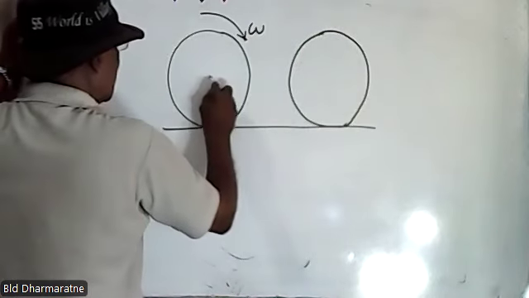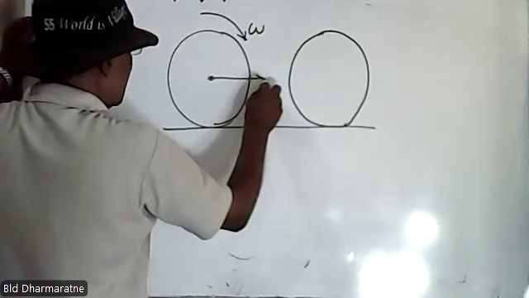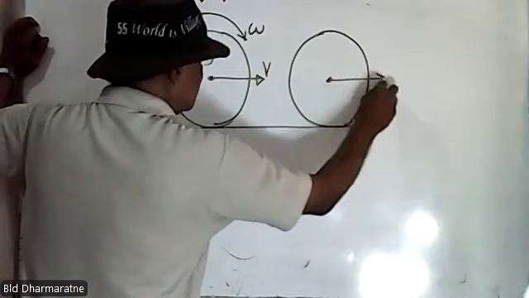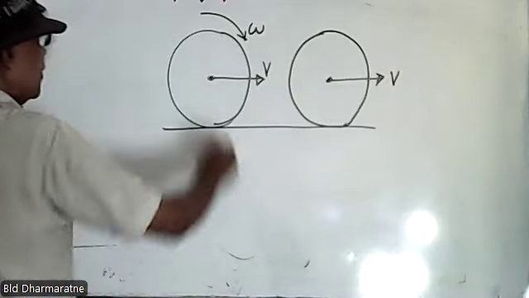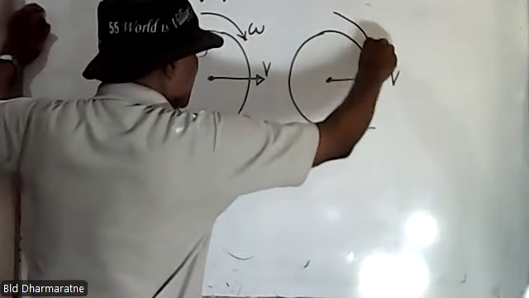The center line has the linear velocity v, and this is the omega, as it travels further.